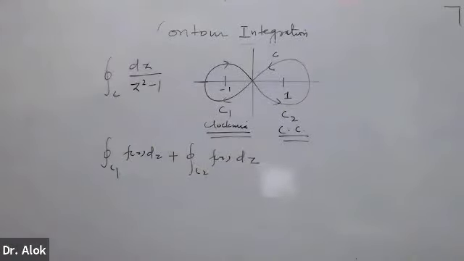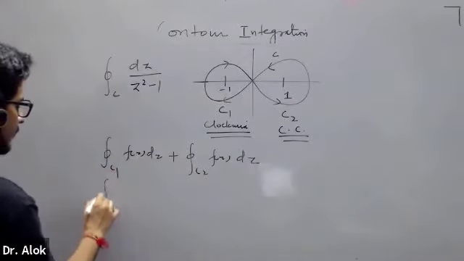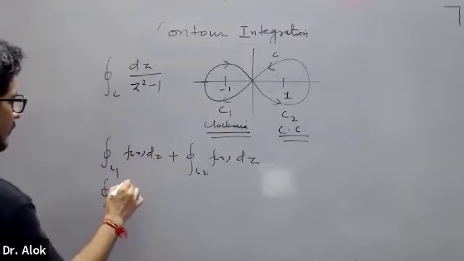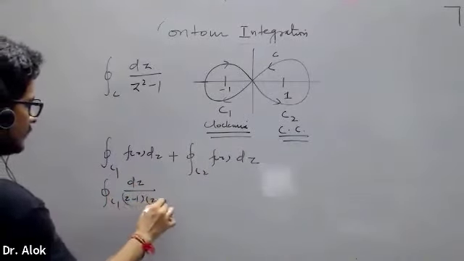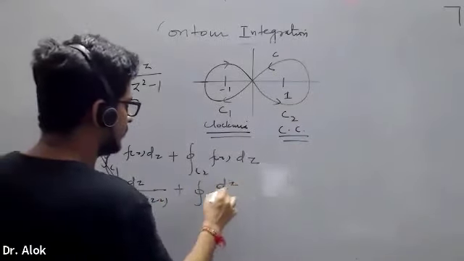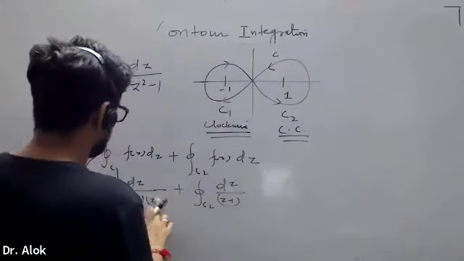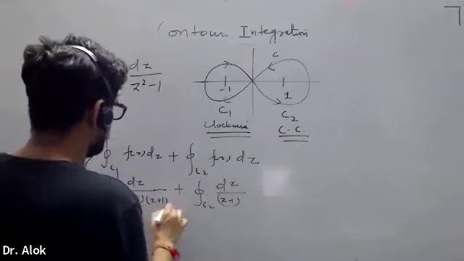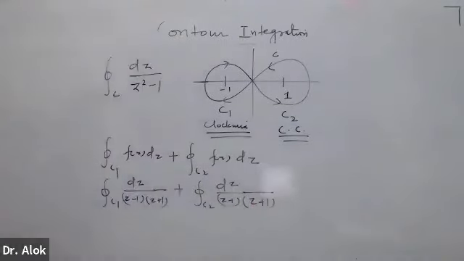Okay, got it? So what will be the C1? It will be integral over C1 of dz upon (z minus 1)(z plus 1)... and plus integral over C2 of dz upon z(z plus 1)(z minus 1)... okay, so I have just divided that into two integrations.